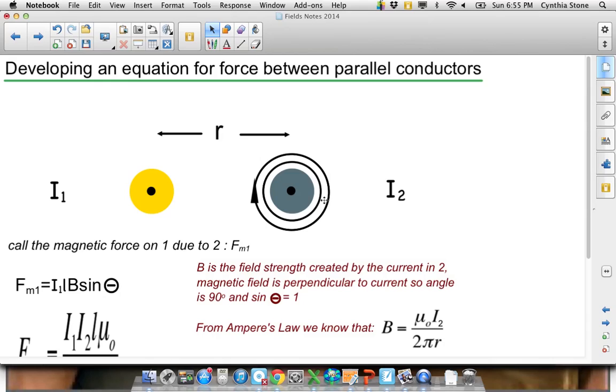The idea with the equation is the magnetic force on 1 due to 2, FM1. What force does this conductor experience because of the magnetic field created by this conductor? If I kept drawing circles, the magnetic field here would eventually collide with the field on this one. But this one is sitting inside this one's magnetic field.